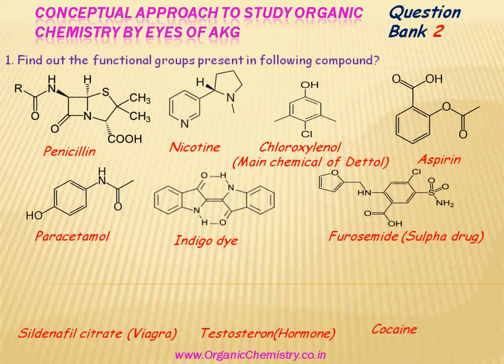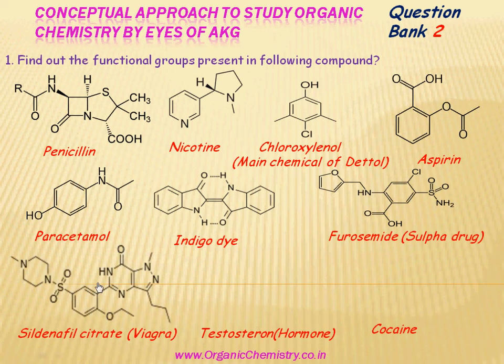In case of sulfa drug, this particular part is furan. Here carbon is attached to NHC. This particular part is secondary amine, chlorobenzene, carboxylic acid, and here sulfonamide. Sulfonamide is a group in which carbon is attached to SO2NH2.